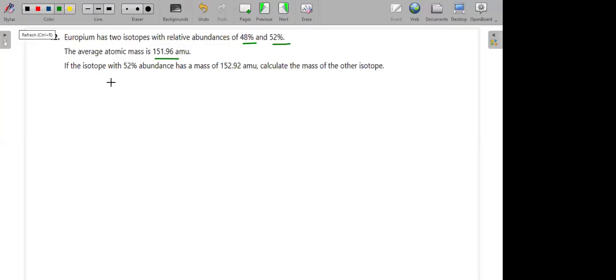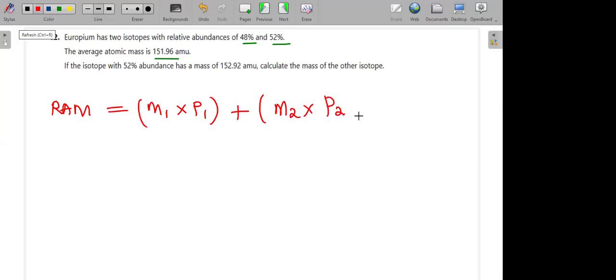If the isotope with 52% abundance has a mass of that one, calculate the mass of the other isotope. So here we're going to say relative atomic mass is equal to mass 1 multiplied by percentage 1 plus mass 2 multiplied by percentage 2. So the RAM has been given, so I'm just going to put it there.